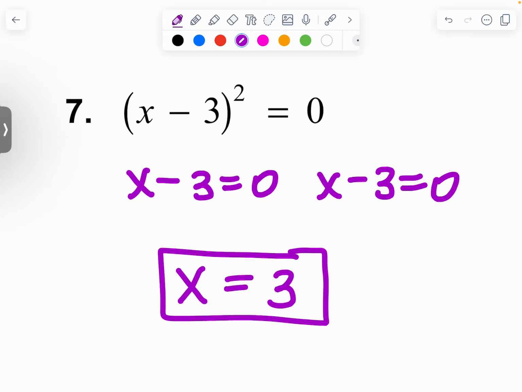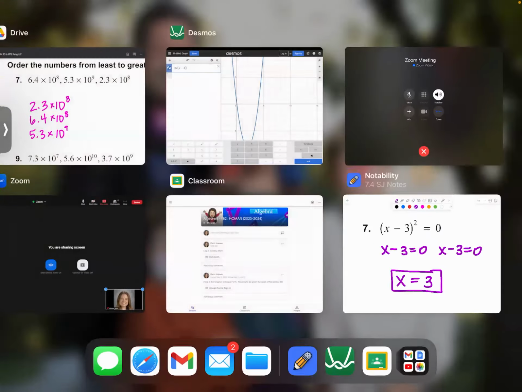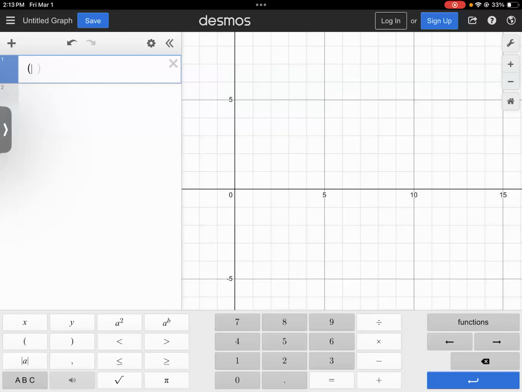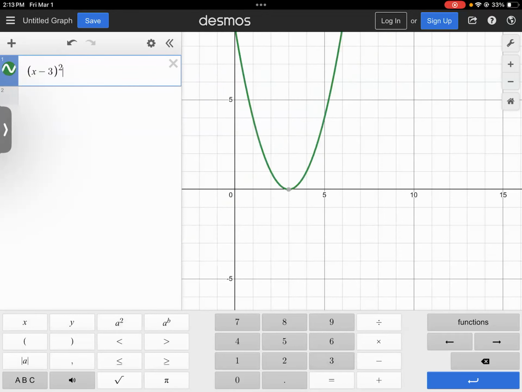But then how would that graph? It is not a straight line. So it's just its lowest point. Yeah, and that'll be important when we actually go to graph them.